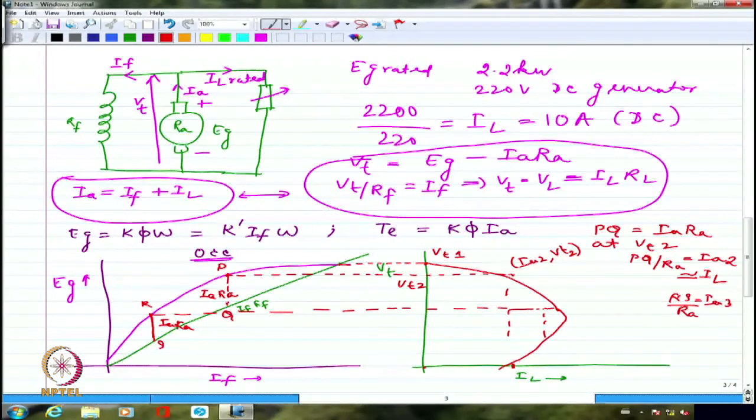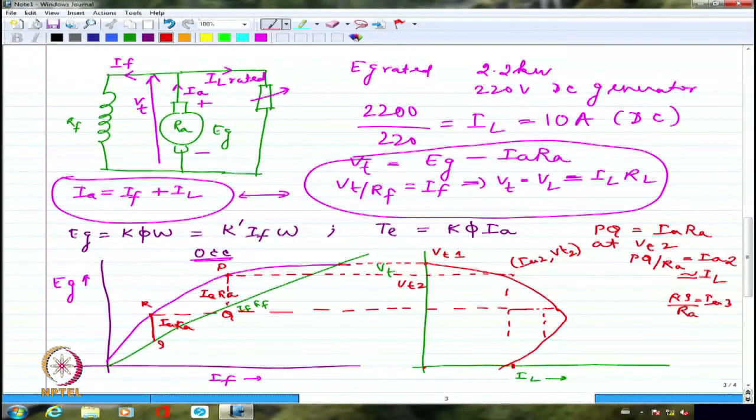If I just short circuit the load terminals, voltage will be 0. If the voltage is 0, that means I am not getting any terminal voltage at all. But maybe there is some internally generated voltage for sure.